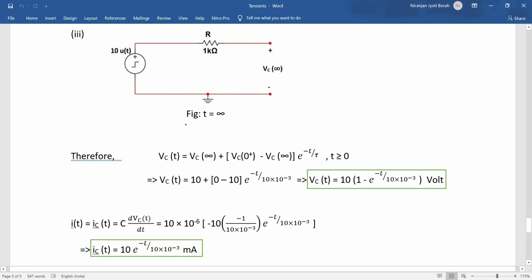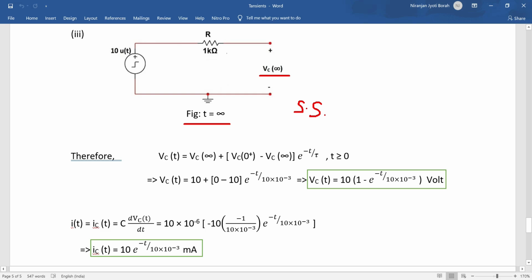In the third part of the analysis, that is at t equals infinity, we will calculate the final value of the response. At t equals infinity, the circuit will be at steady state. So the capacitor will act as an open circuit.